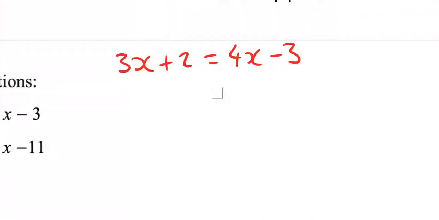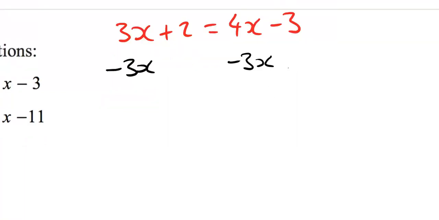I think I'm going to take 3x from both sides. Now, my rationale for doing that is because I don't want to take the 4x from both sides because it will make a negative amount of x, and that's going to make things more complex for us. And I don't want more complex; I want easy. So I'm going to take 3x from both sides. That will leave me with just a 2 on the left.